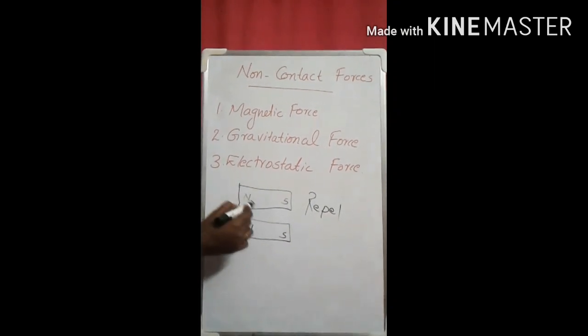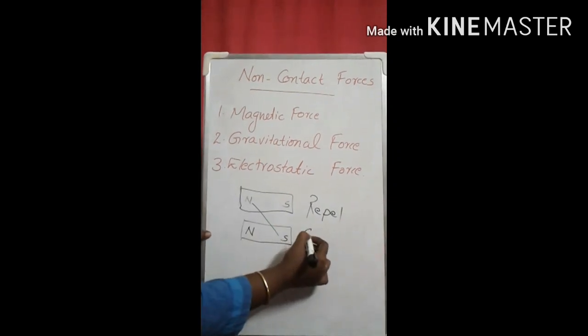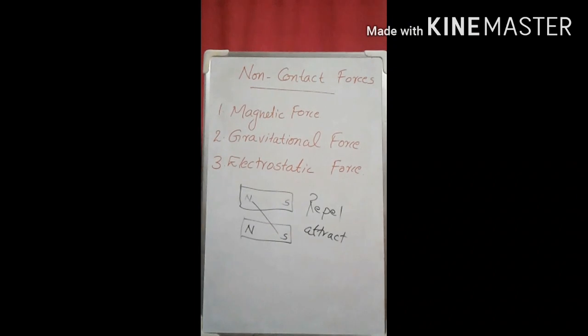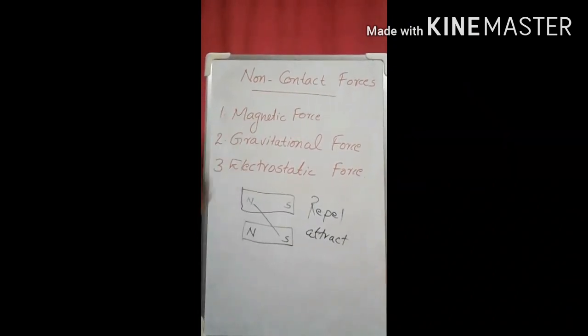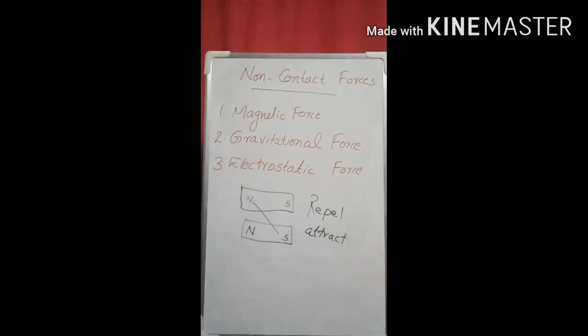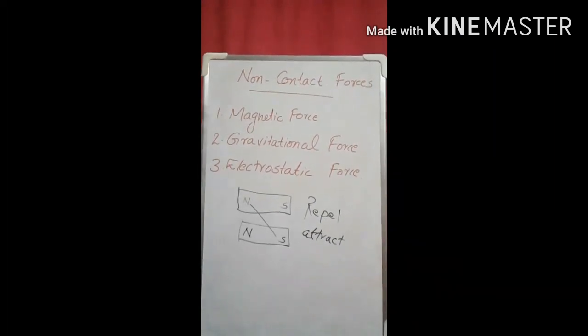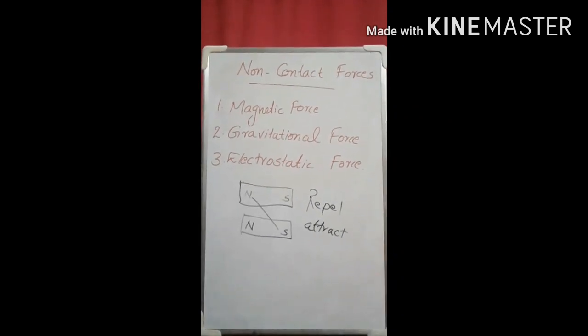Similarly, when you bring north and south towards each other, they will attract. This attractive force and repulsive force is called a magnetic force. The force of attraction or repulsion of the magnet is called a magnetic force, and it is an example of non-contact force.